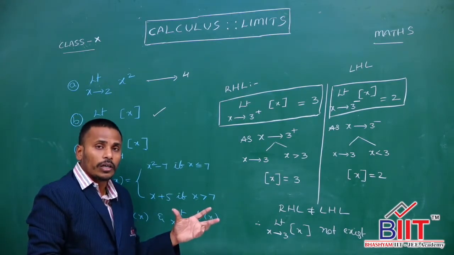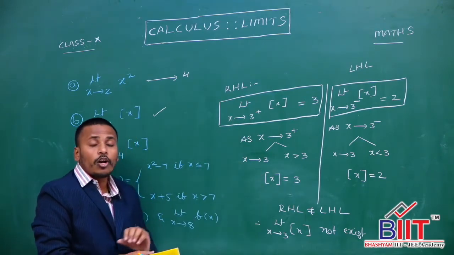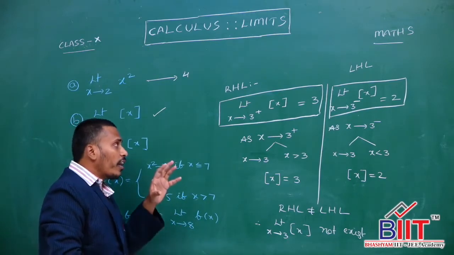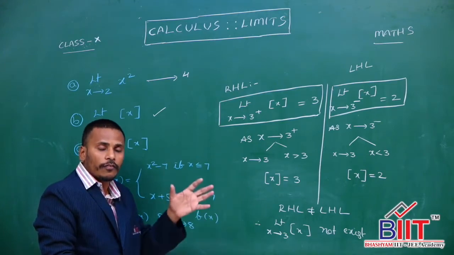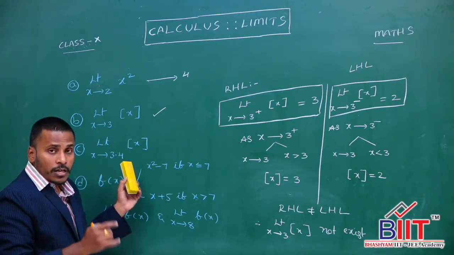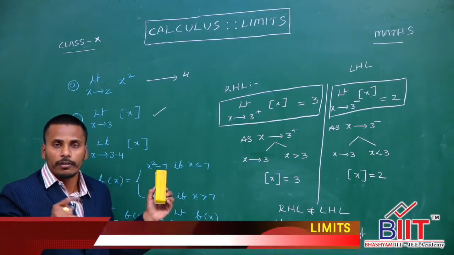Since they are not equal, the limit does not exist for the function, because on the right side of 3 the function step x is approaching 3 and on the left side of 3 the function is approaching 2. So, since these two are different, the limit does not exist for the function step x at 3. The function's behavior is different for different points.